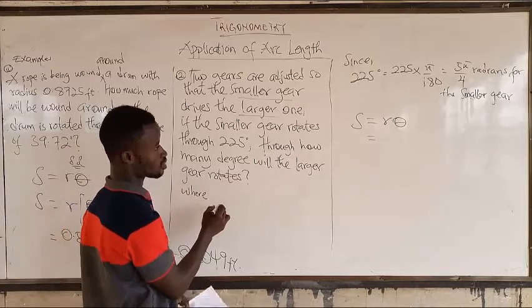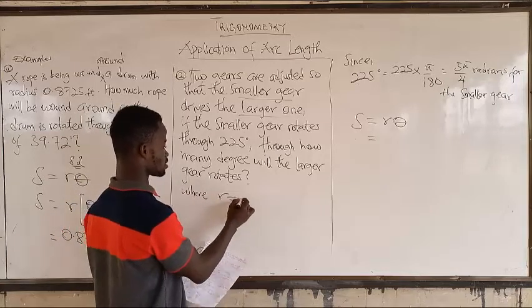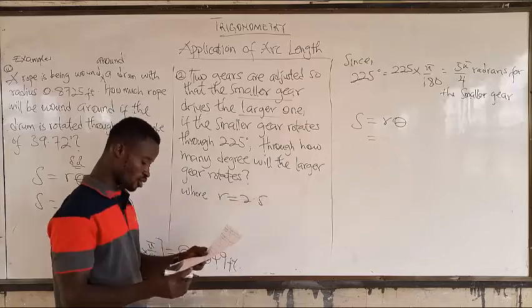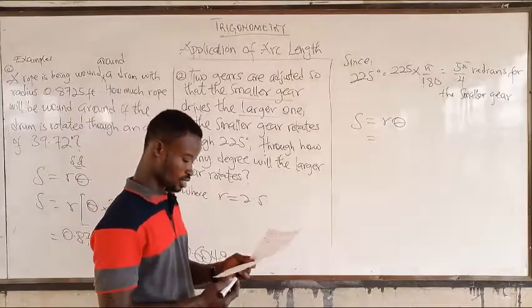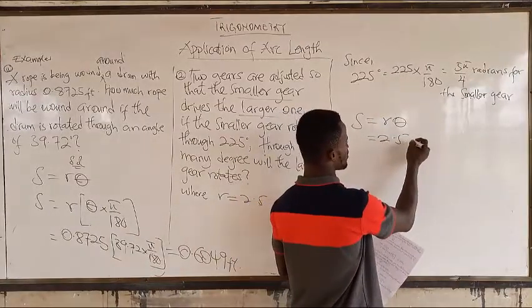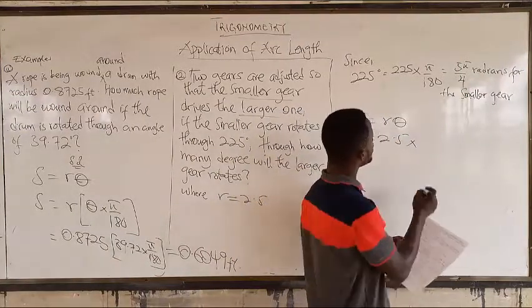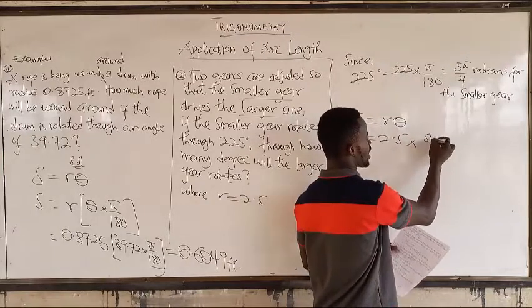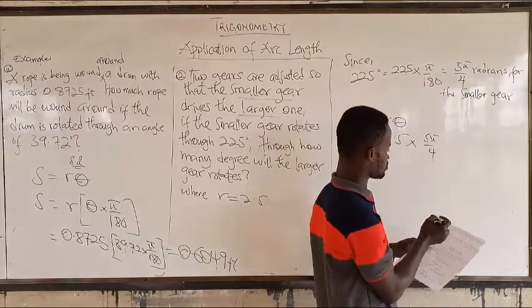Where the R is 2.5. So the R given here is 2.5. Alright, so here we get 2.5 times the 5 pi on 4.